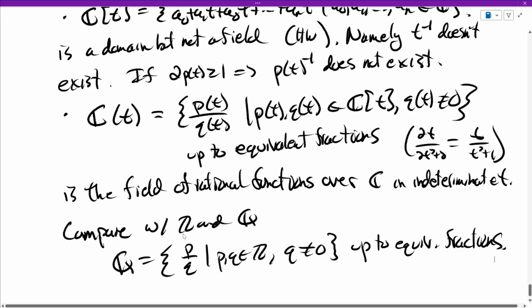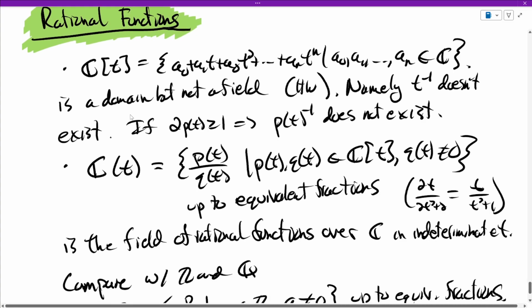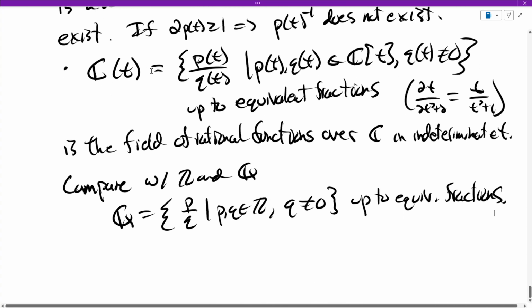It's a commutative ring without zero divisors. We look at fractional expressions in Z. We get the rationals. C adjoin T, the polynomial ring here, is a domain. We look at rational expressions in that domain, which is just quotients of elements of that domain. We get this field of rational functions over C. So it's the same exact process.